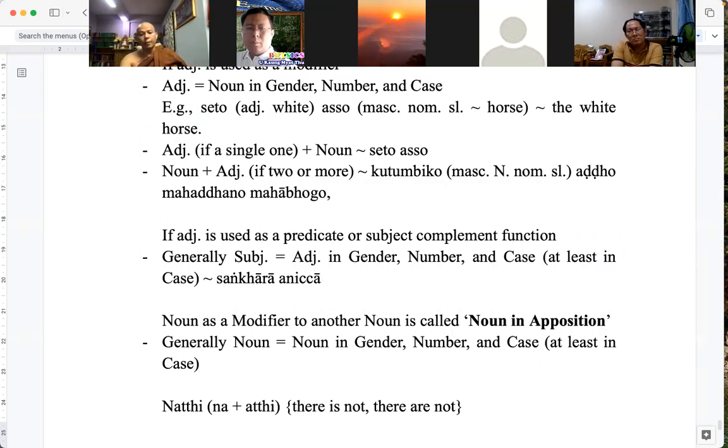Anicca is impermanent, right? So the conditioned things are impermanent. Sankhara is a noun, but Anicca is an adjective, impermanent. Sometimes it is also a noun, impermanence, but here it is in adjective function.